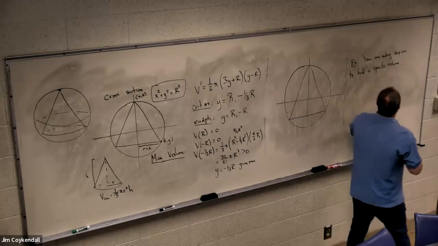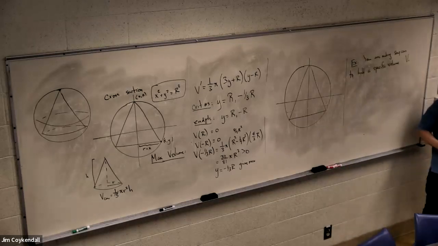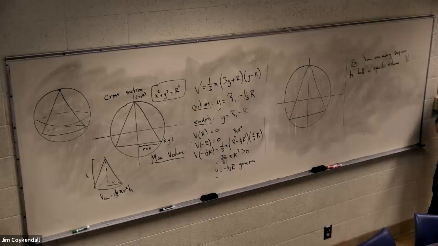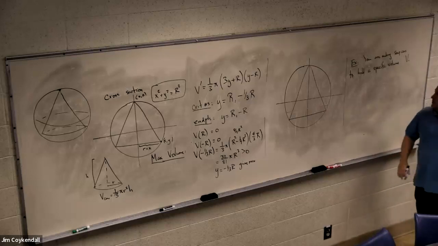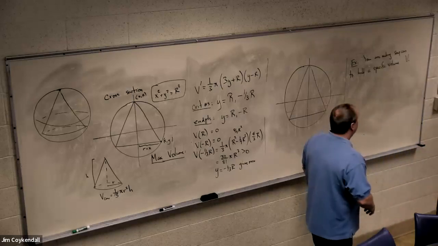So suppose you're trying to make a soup can to hold your Prego soup, and you've got to put 16 ounces in there or something. We'll say it's a specific volume.